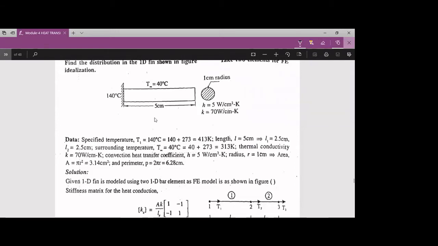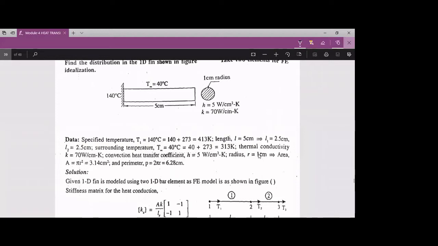Okay, 140 degrees, just convert into Kelvin, so we add 273, which gives 413 Kelvin. The length of 5 centimeter remains 5 centimeter. Then we discuss L1, what is L1 here. After that, the surrounding temperature T infinity, 40 degrees, again converts into Kelvin, 313 Kelvin. Then the thermal conductivity is in Kelvin only, you can take it the same way, and the heat transfer coefficient h is also in Kelvin.